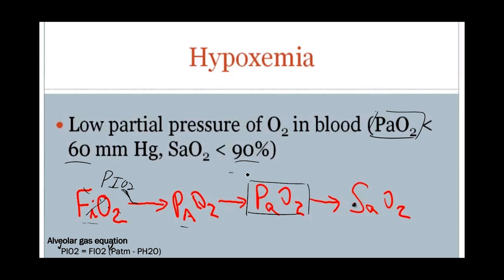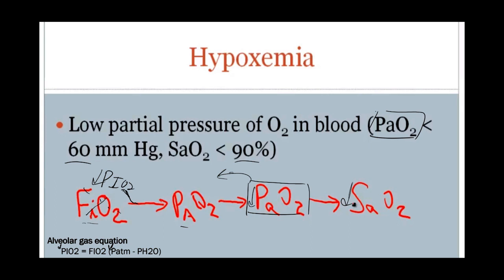So the way to think about this is, if anything to the left in this flow of things, PiO2 or FiO2 or PAO2, if any of those things are decreased, you're going to get decreased PaO2 and decreased saturation. And if you had high altitude, that can cause hypoxemia because this is decreased.